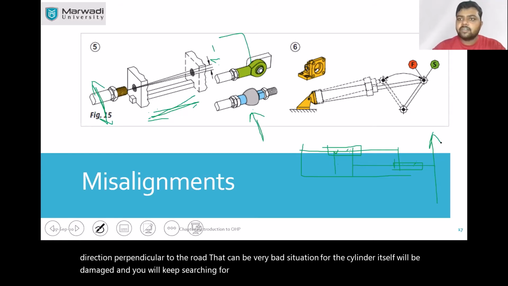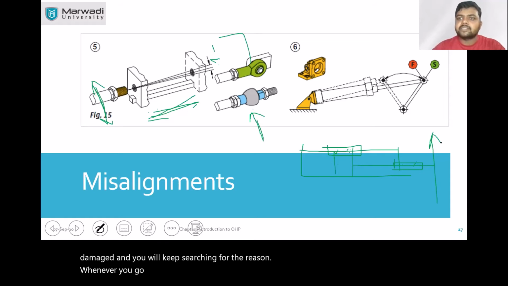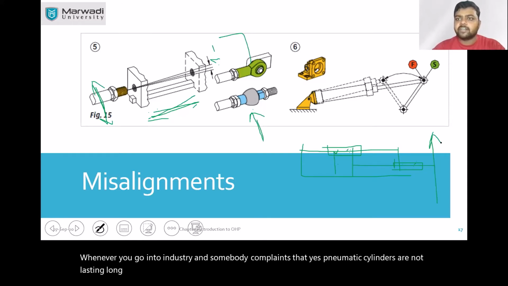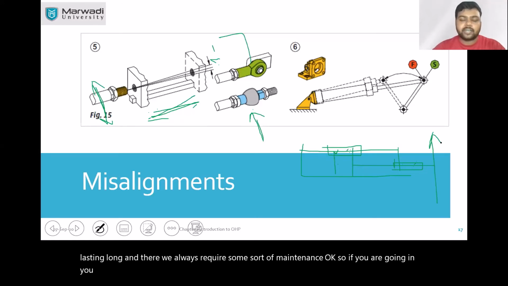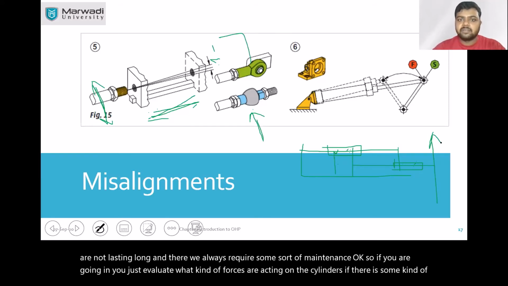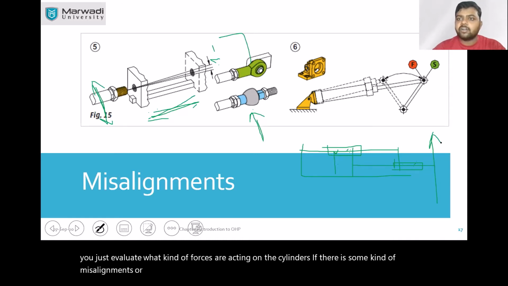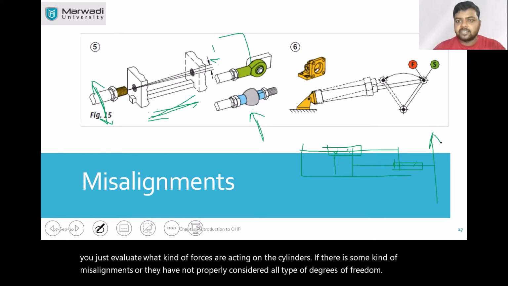Whenever you go in the industry and somebody complains that our pneumatic cylinders are not lasting long and we always require some sort of maintenance, you just evaluate what kind of forces are acting on the cylinders. Check if there are misalignments, or they have not properly considered all degrees of freedom acting on the system where the cylinder is installed.